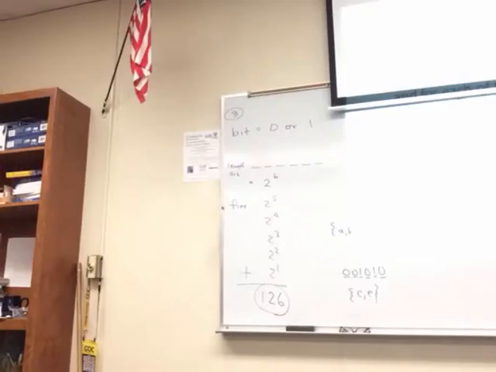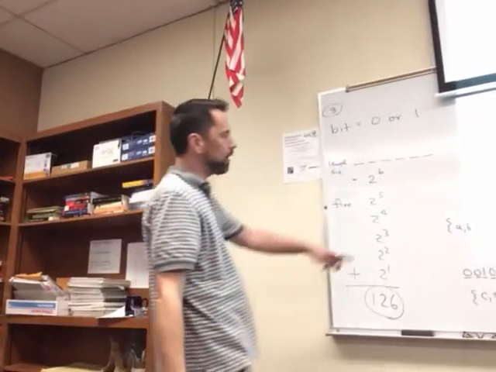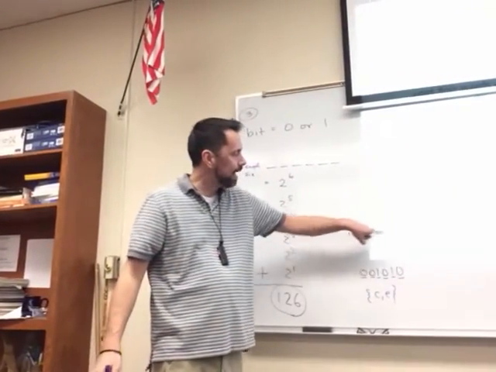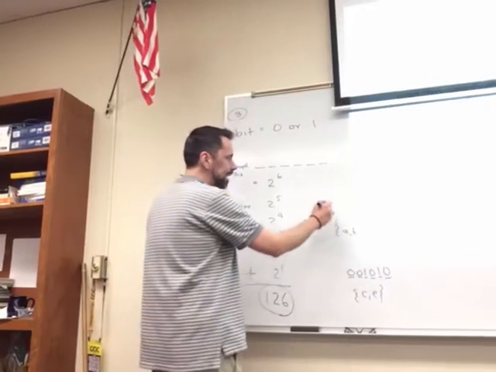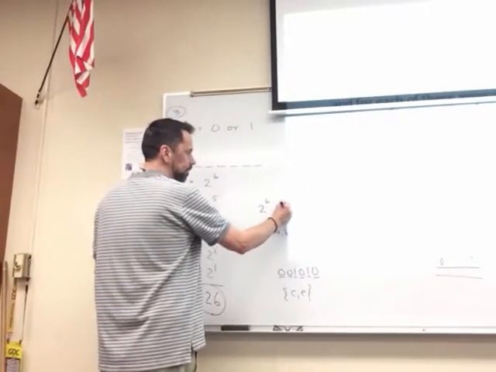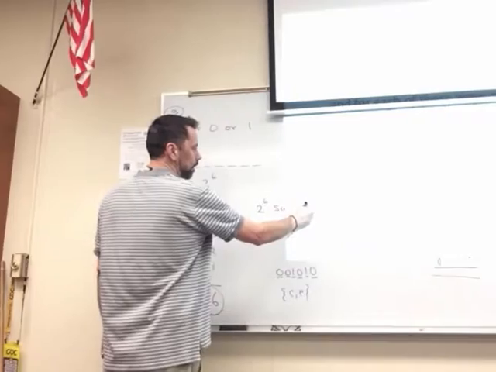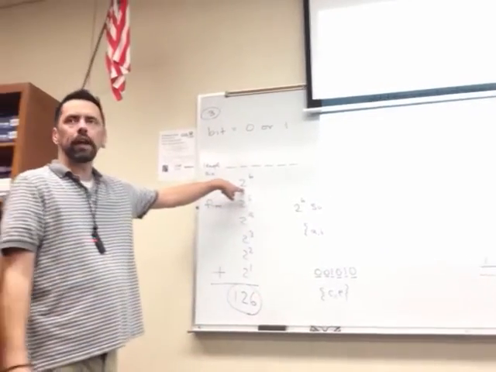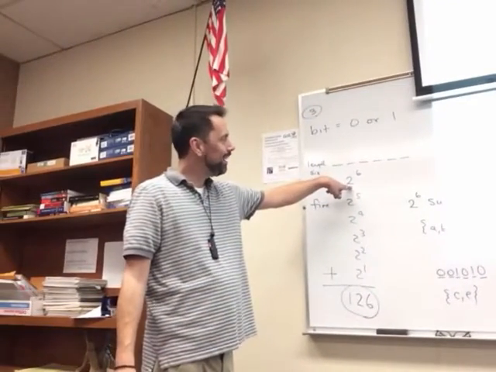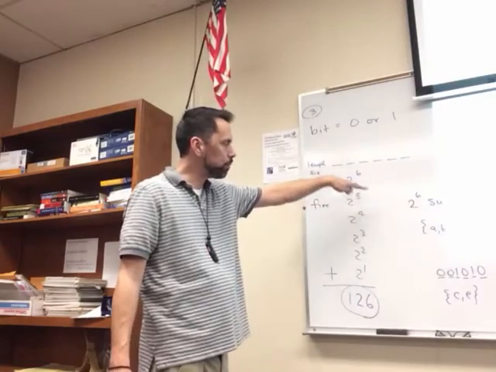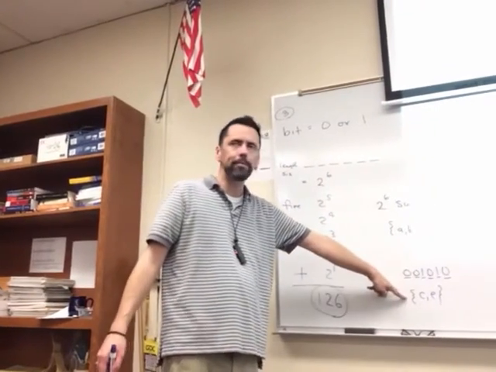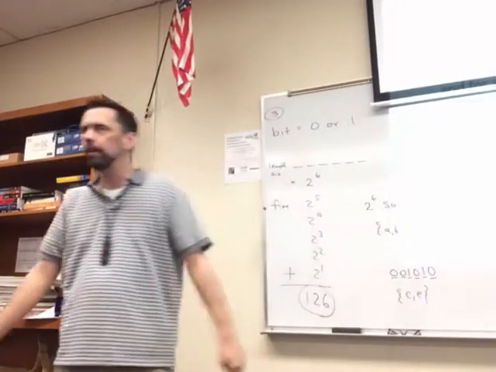And so we know that this set has 2 to the 6th subsets, and we know that there are this many bit strings of length 6. So there's a nice one-to-one correspondence. This bit string means this subset, and you can do that for any bit string.